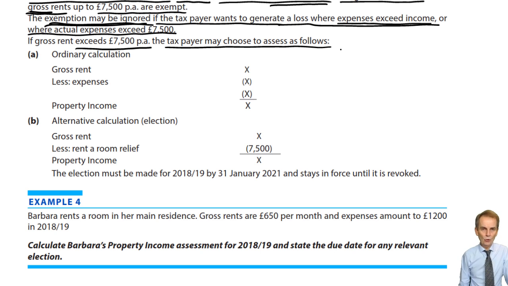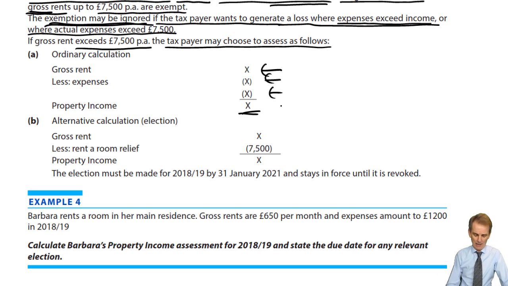What would your ordinary calculation do? It picks up your gross rental, takes out your expenses, however many of those there may be, and you get your property income assessment. As we've always done in this chapter, the rental income received less the allowable expenses paid.